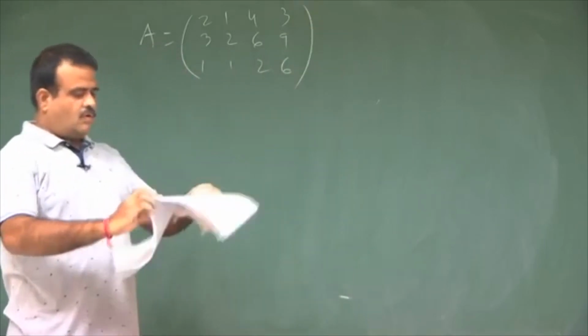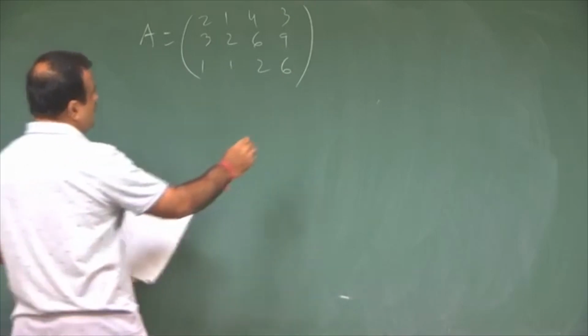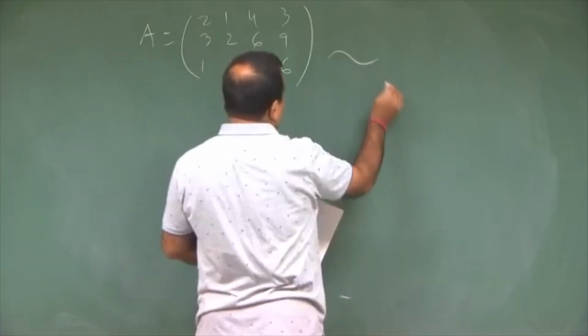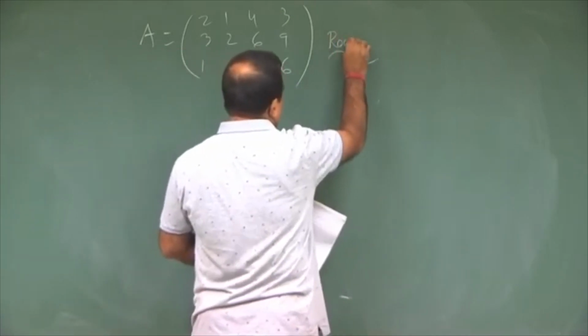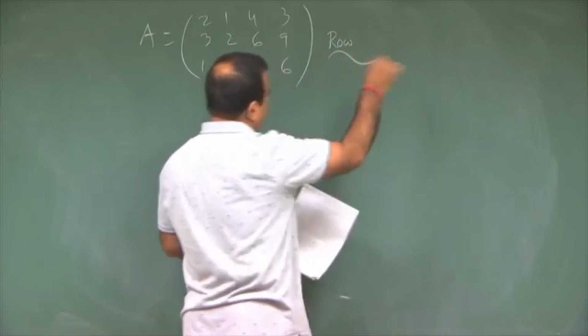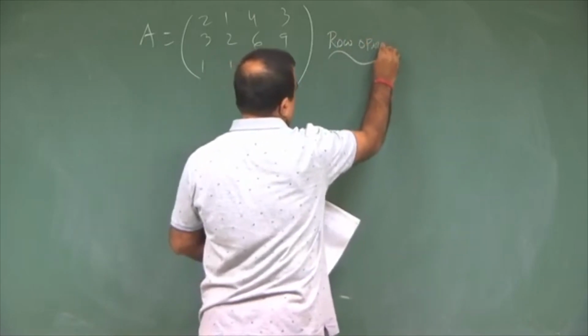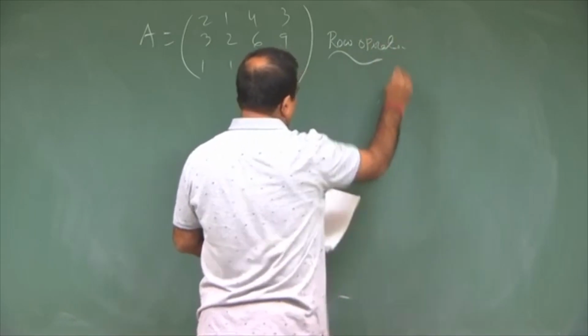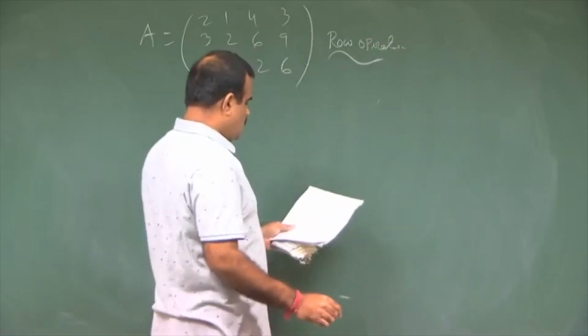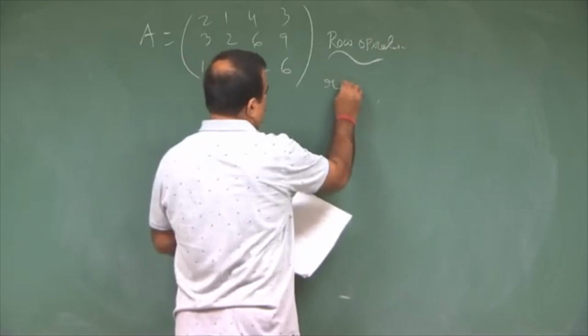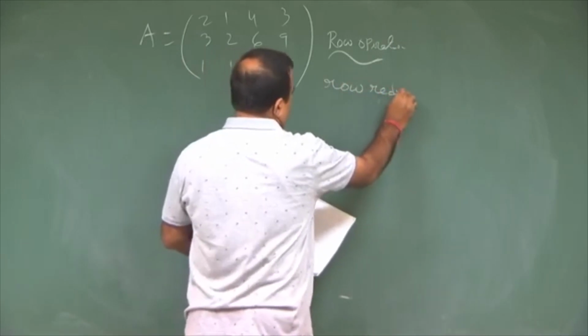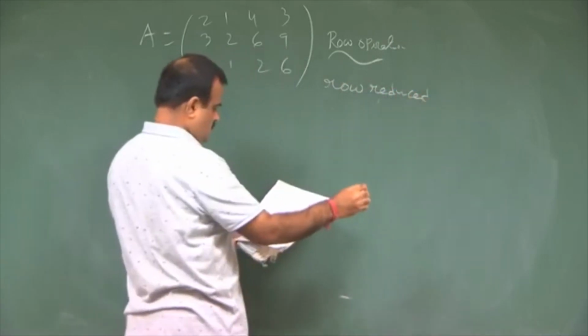Okay. So, for finding the row rank, what are we doing? We are applying row operations. This is the row equivalence form. We apply a series of row operations, and we transform it into what is called the row reduced echelon form.